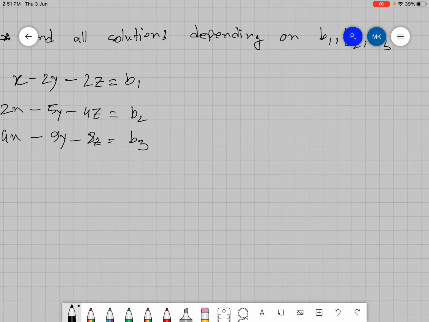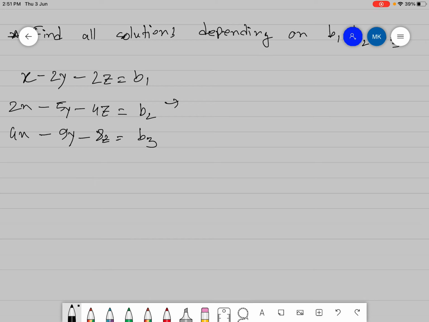Okay, so if I make an augmented matrix, I'll get 1, negative 2, negative 1, negative 2, negative 2, 2, negative 5, minus 4, 4, negative 9, negative 8. And if I augment it, b1, b2, b3.